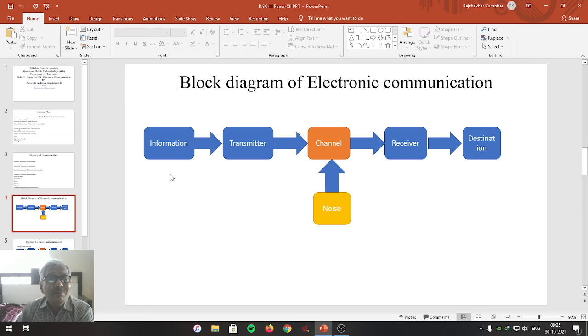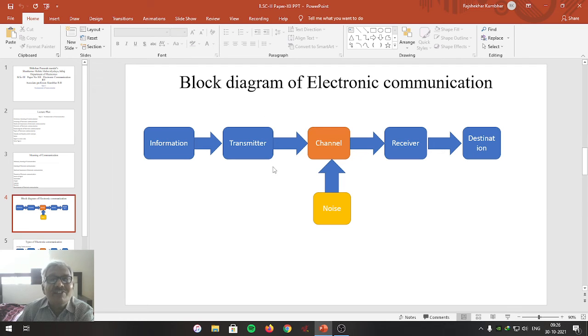Maybe it is temperature, pressure, force, acoustic sound signal, video signal, audio plus video signal. All these are signals from the source. It is already available. We are getting it, and then we are studying the exact meaning of the transmitter.